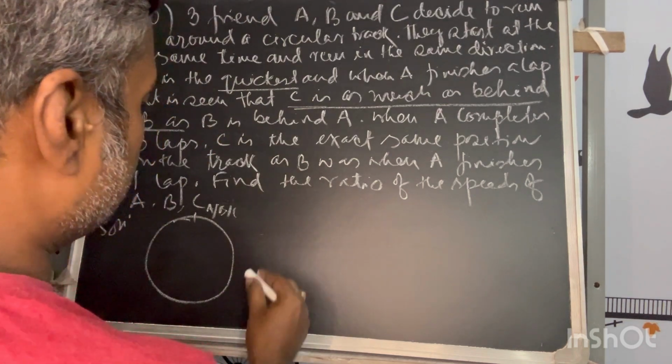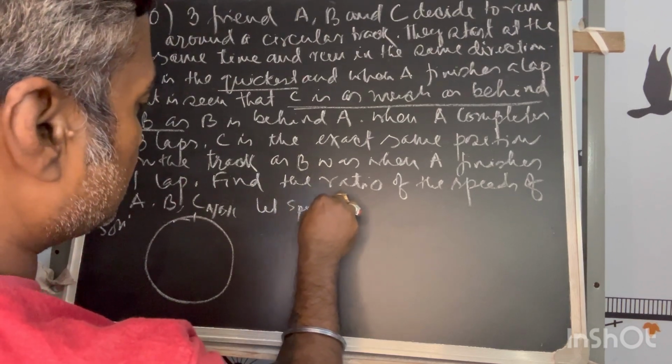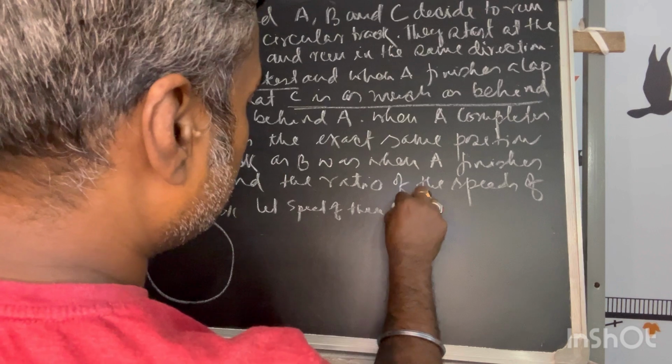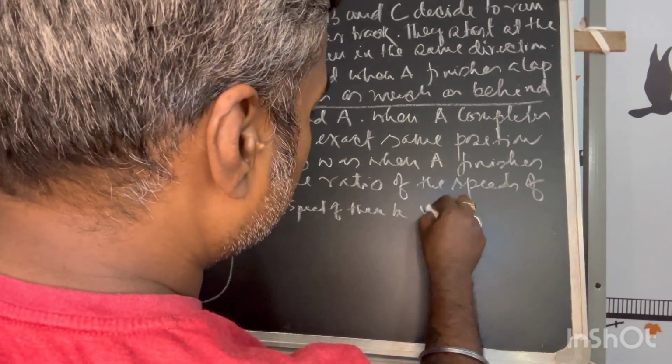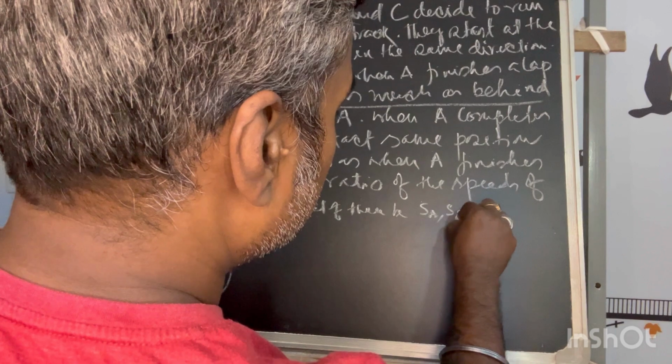So let the speeds of the three be SA, SB, SC.